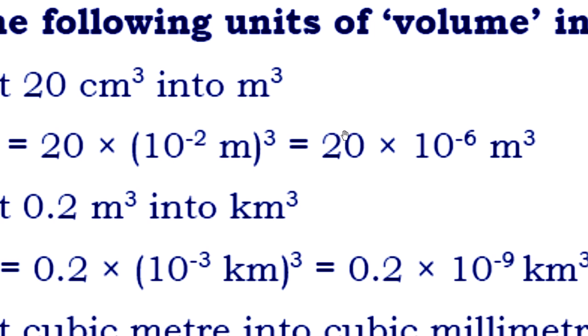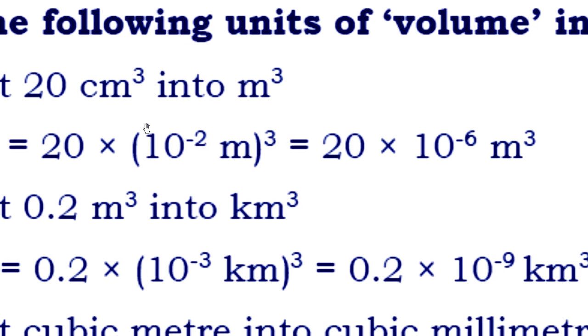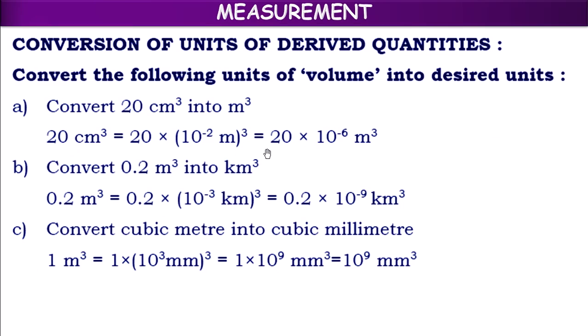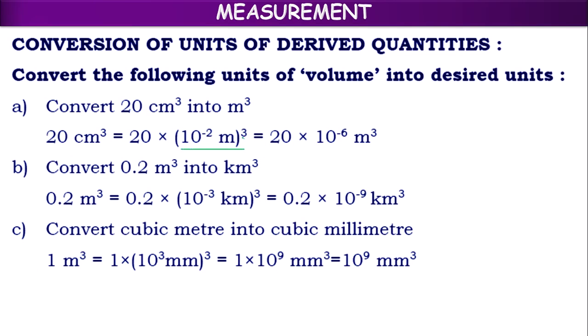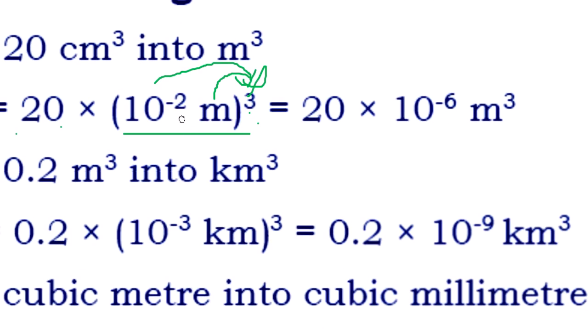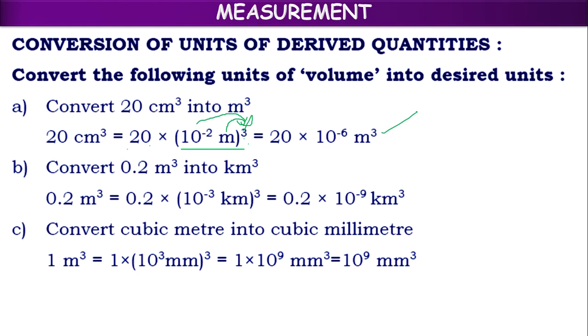So 20 into 10 power minus 6 meter cube, because the cube applies to both. Whenever we have a whole cube, for 10 power minus 2 we have to consider the cube, and for meter also we have to consider the cube. So 20 into 10 power minus 6 meter cube. Like that we can convert.